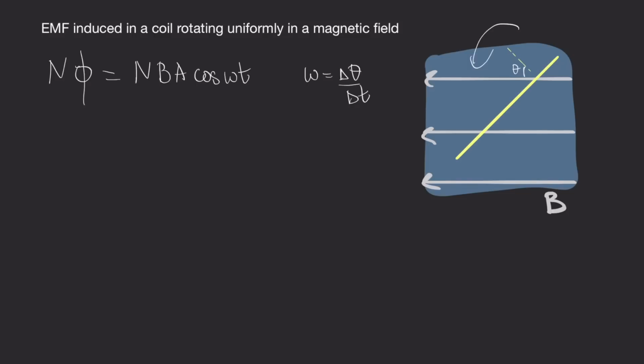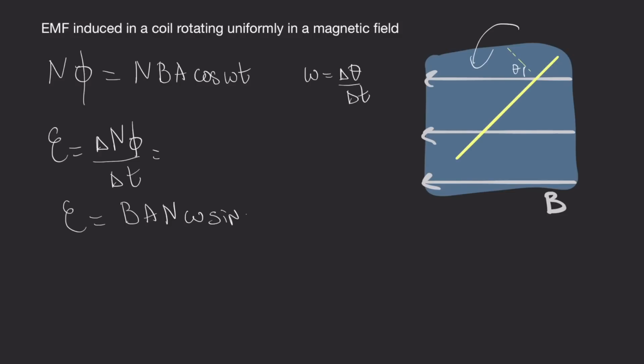The EMF will be equal to the rate of change of magnetic flux linkage. And this leads us to a really interesting equation. So the induced EMF, shall we just write in a new line over here, will actually be equal to BAN, then we get a factor of omega, and then we get sine of omega t.